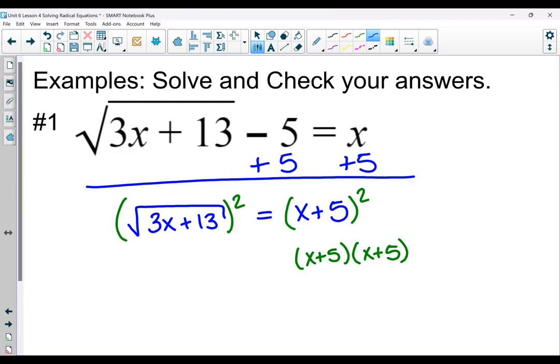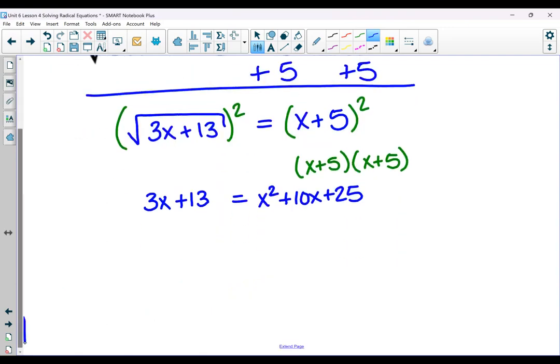So when you square a square root, the radicand falls out, leaving 3x plus 13 to be our left-hand side of the equation. When you square a binomial, you have to FOIL, getting x squared plus 10x plus 25. At this point, we have a quadratic equation. You should be pros at solving quadratic equations by now.